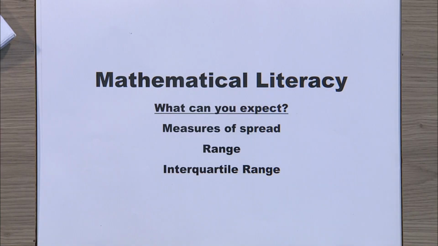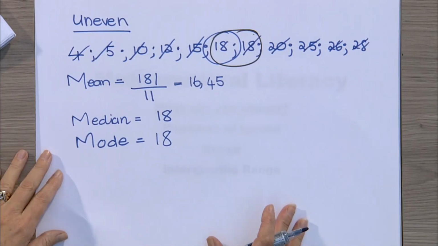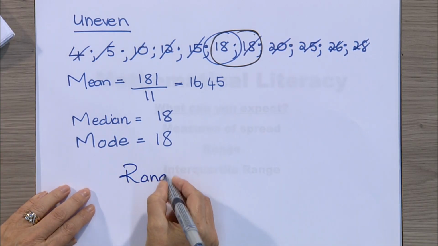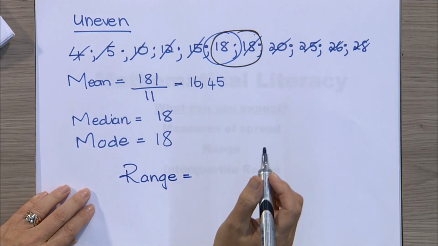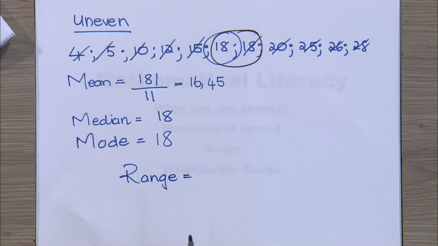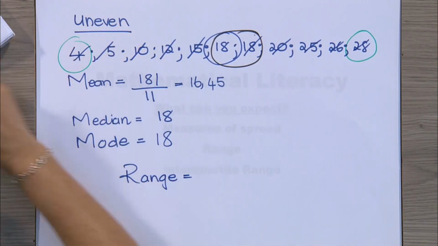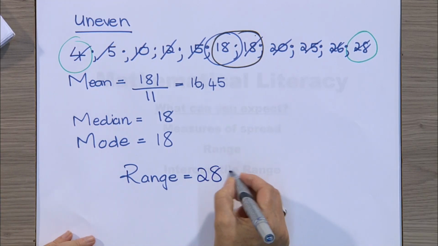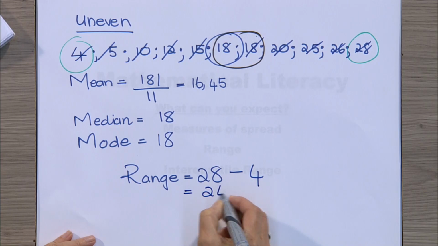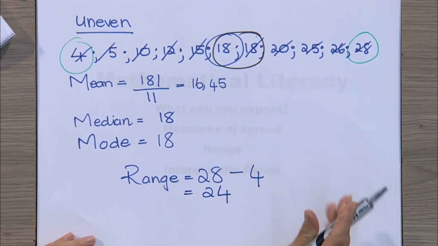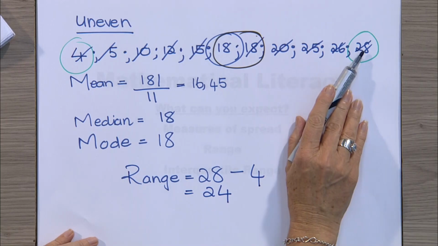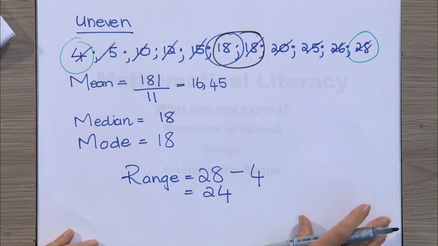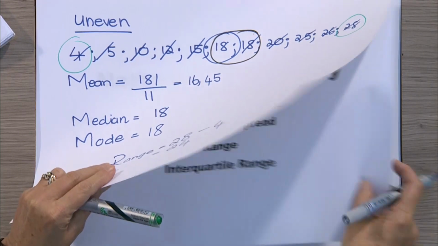Grade 12, if I go to my previous uneven data set and I want to work out the range, then the range will be my highest number in the data set minus my smallest number. So the range will be 28 minus 4, so the range is 24. This is a measure of spread. The highest number minus my lowest number. That is how we work out the range.